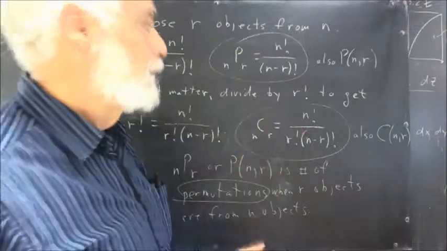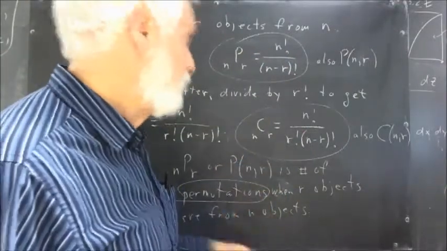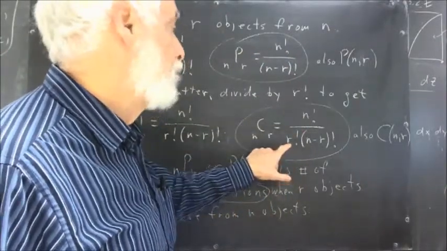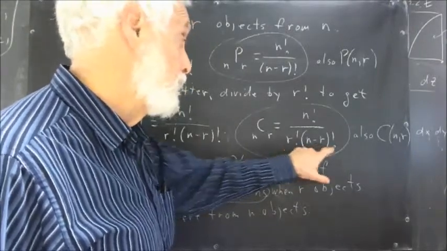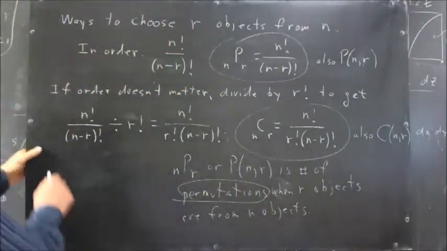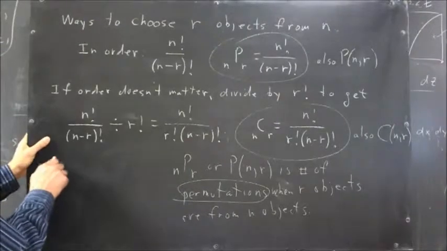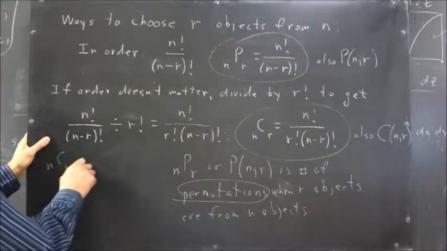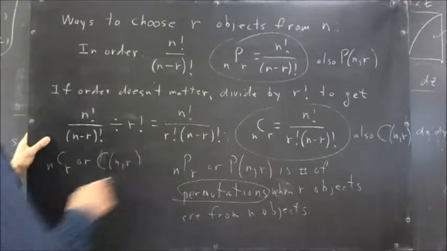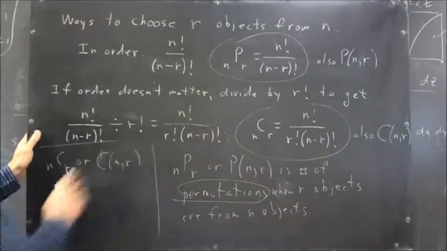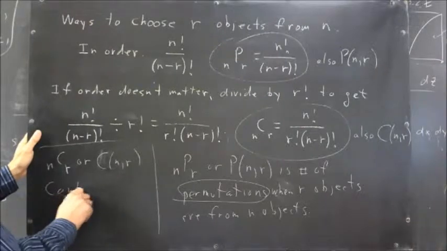If we have 20 out of 100 unordered, then it's 100 factorial over 20 factorial times (100 minus 20) factorial. That would be your 80 factorial. So N C R or C of N, R is the number of combinations.